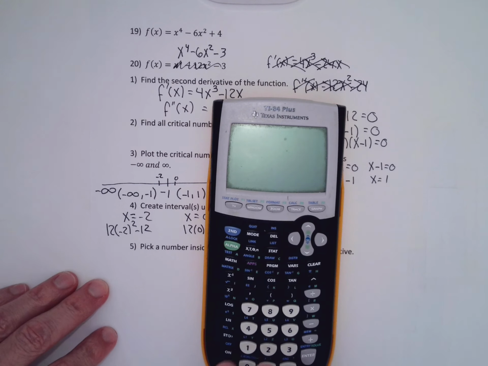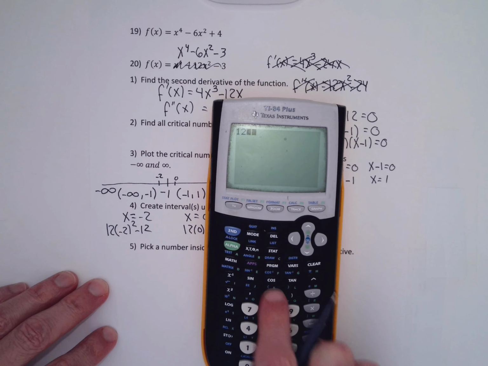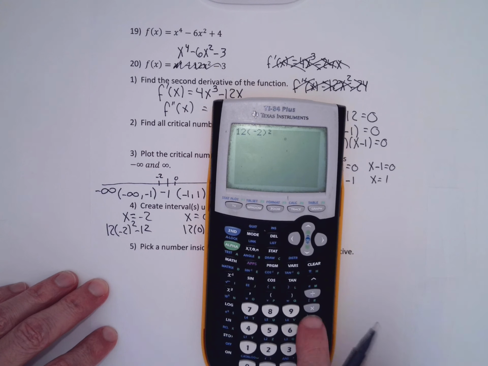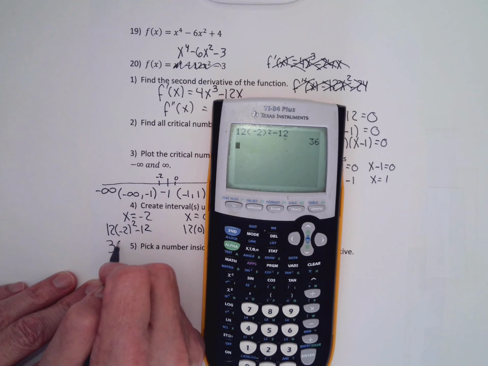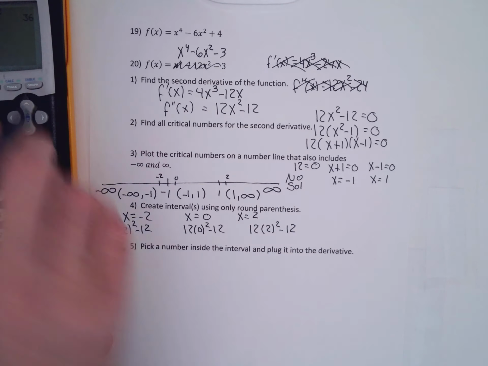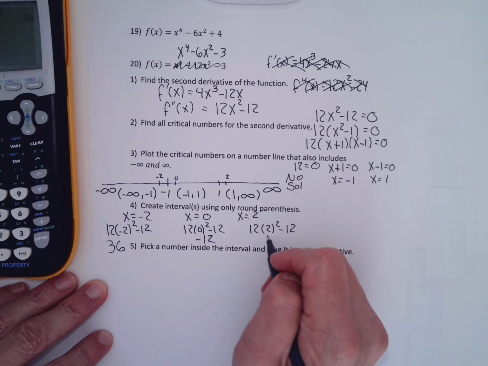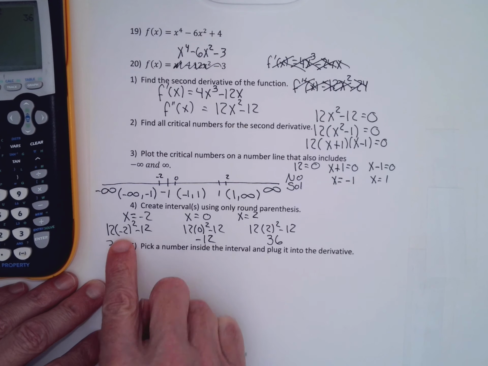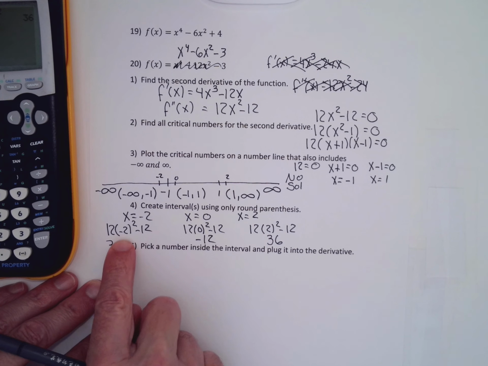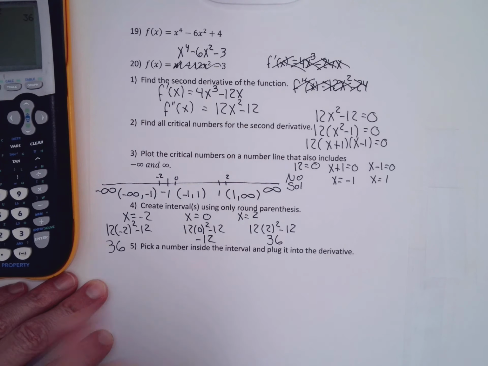First one, 12 times negative 2 squared minus 12 is 36. Middle one's just going to be negative 12 because the first piece is going to be 0. And the last one I could do in my head now because it's going to be the same as the first, because negative 2 squared is 4. It's the same as that.